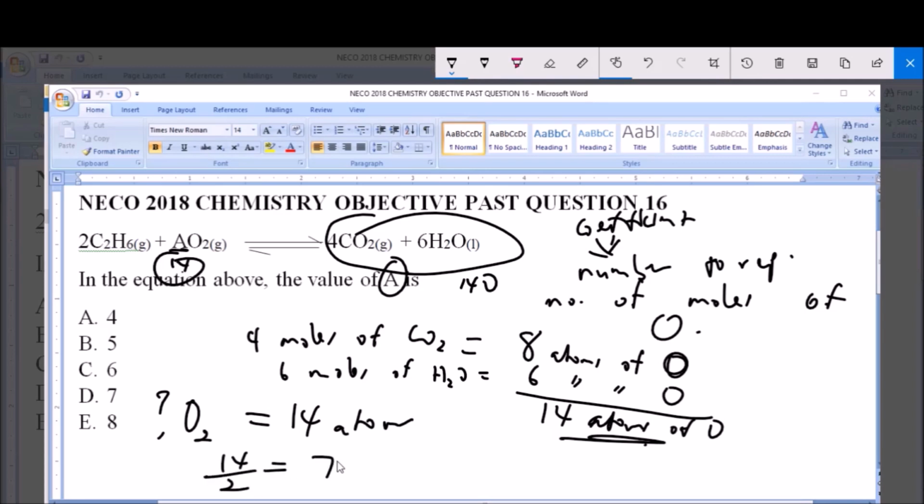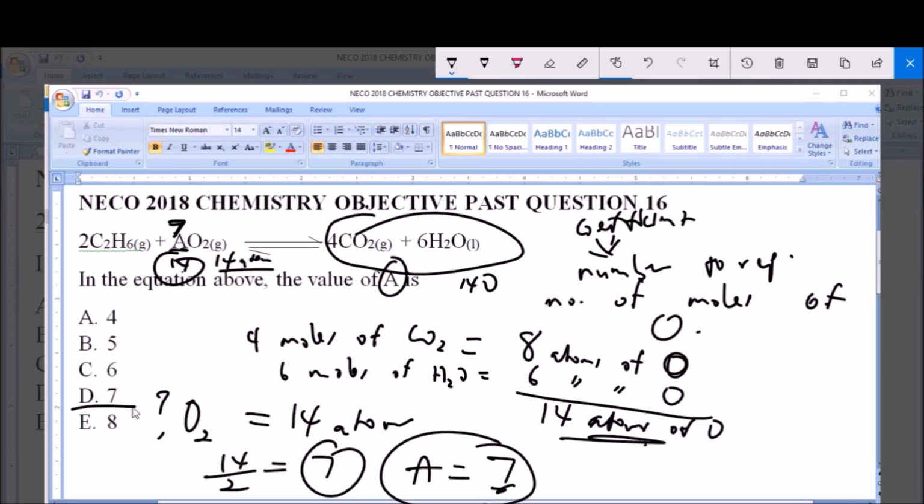So it means that if you have 7 moles of oxygen gas on this side, you will have 7 times 2, that is 14 atoms of oxygen in total. So A is equal to 7, as 7 moles of oxygen is what we require to have a balanced reaction of 14 atoms of oxygen on this side and 14 atoms of oxygen on this side. So the value of A is 7, and 7 is option D, which is the correct answer to this question.